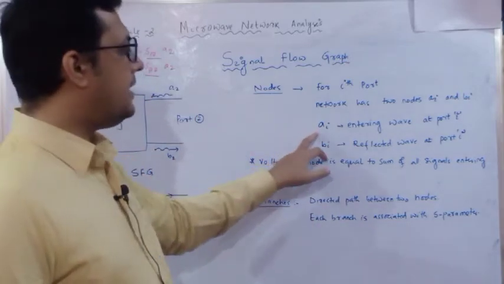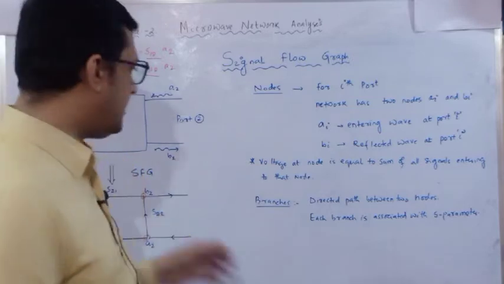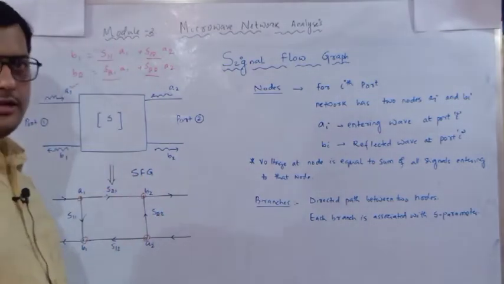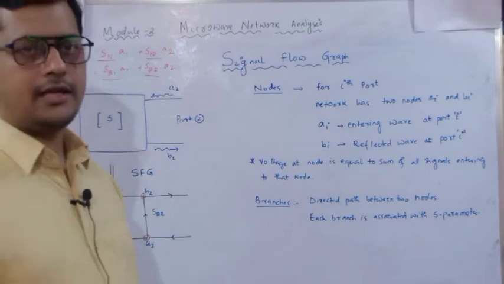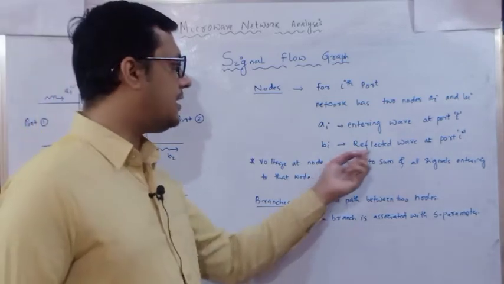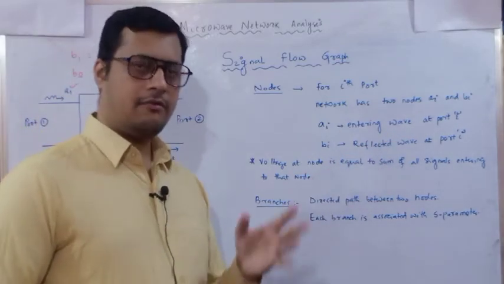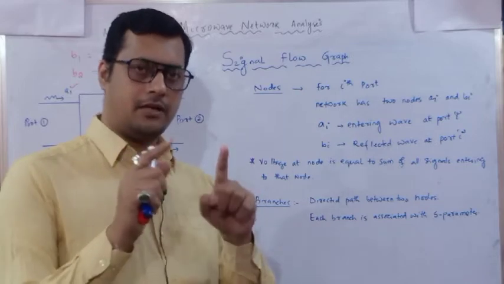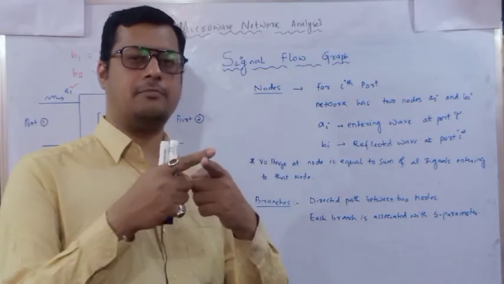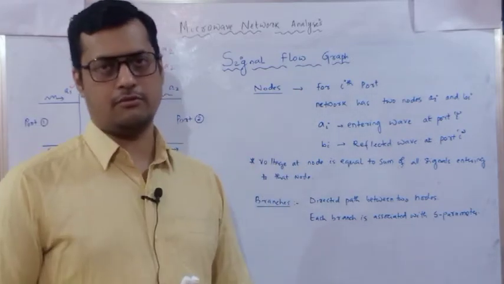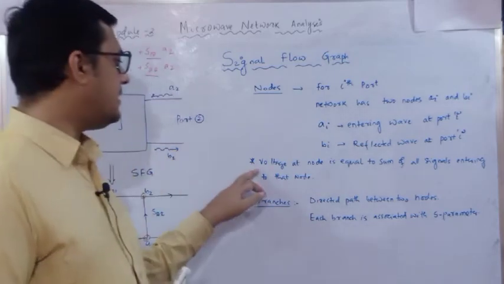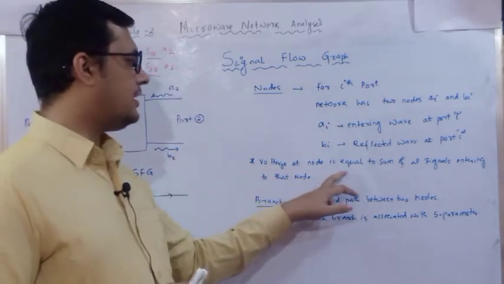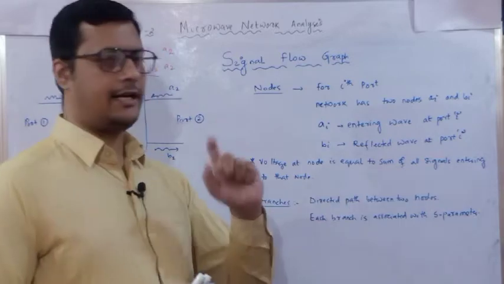Next, Ai is the entering wave. Yes, it is an incident wave to the network. And what is Bi? It is the reflected wave from the node, the reflected wave of port i. And what else have I discussed? At a particular node, the sum of incident potential must be equal to the sum of outgoing potential. So that is indicated as the voltage at the node is equal to the sum of all signals entering that node.